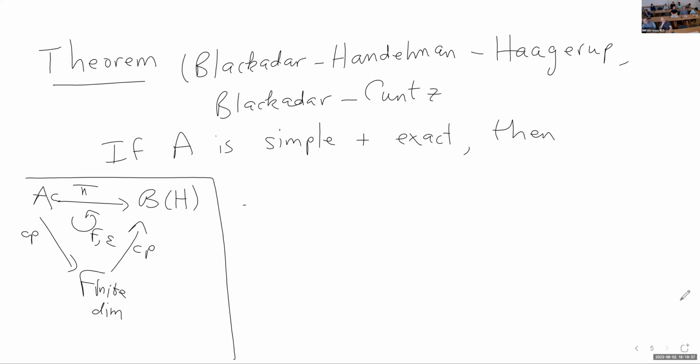That's one way of defining exact. Equivalently, you want the tensor product to preserve short exact sequences. I think the minimal tensor product. Minimal, yeah. So in other words, if you have a short exact sequence of C-star algebras, J, A, A over J, then B is exact if for any such sequence, if I tensor with B, I still get a short exact sequence.